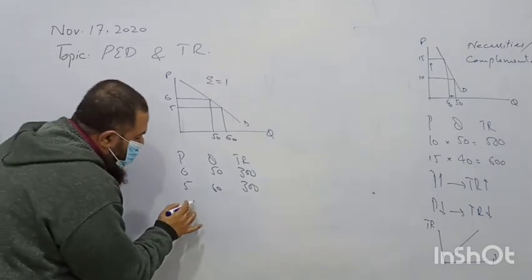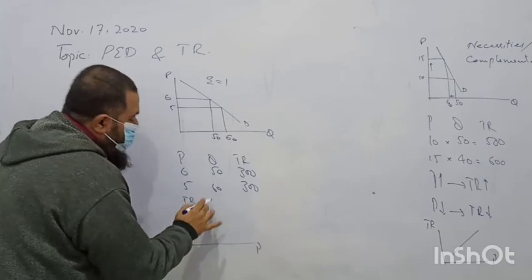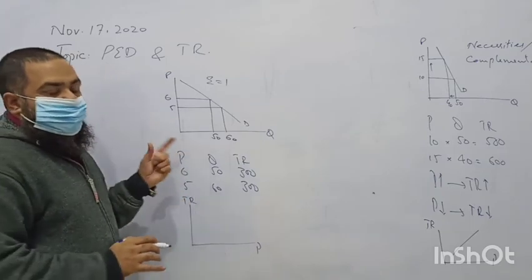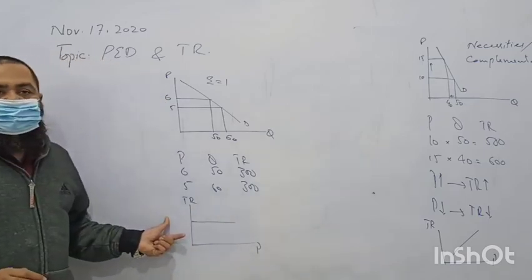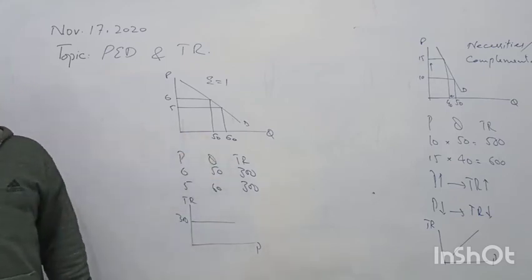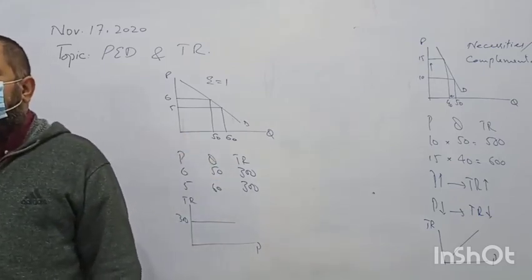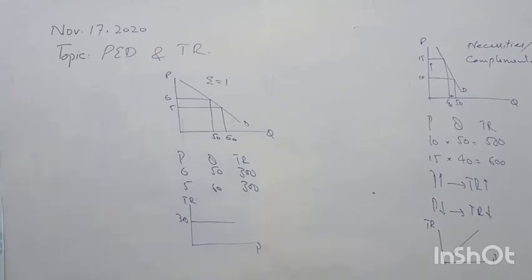Now here when we draw like this, usually we find most of the MCQs are related to this topic. So here revenue does not change. It remains 300 even though price is changing. So when there is no change in revenue due to the change in price of the product, we say it is unitary elastic demand.